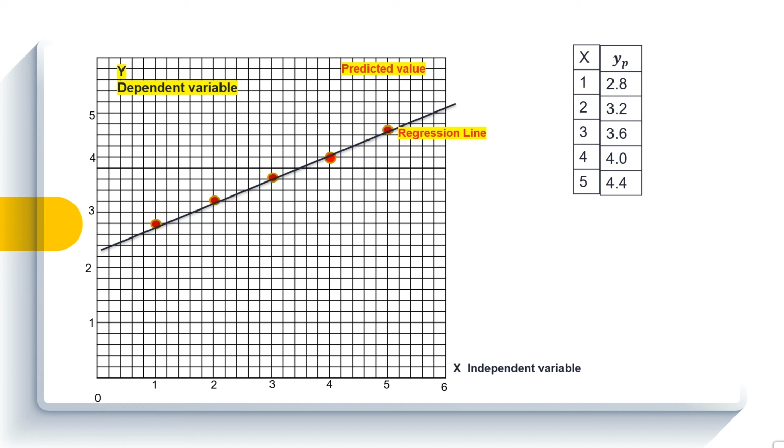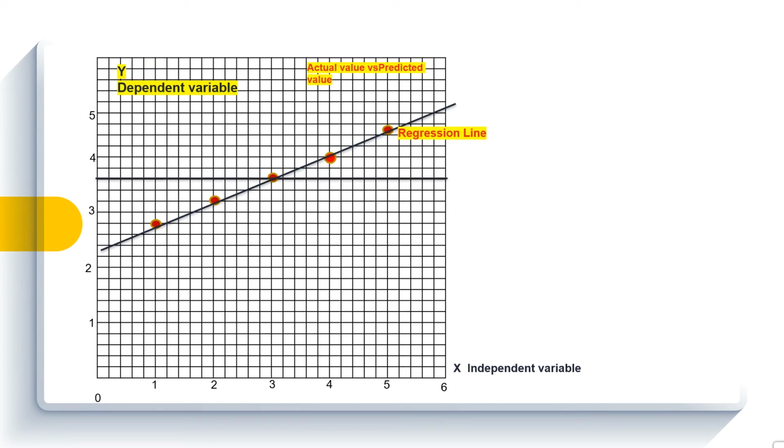These are the points, and the line passing through these points is nothing but the regression line. Now what you need to do is check and compare the distance of actual values from the mean versus the distance of predicted values from the mean.